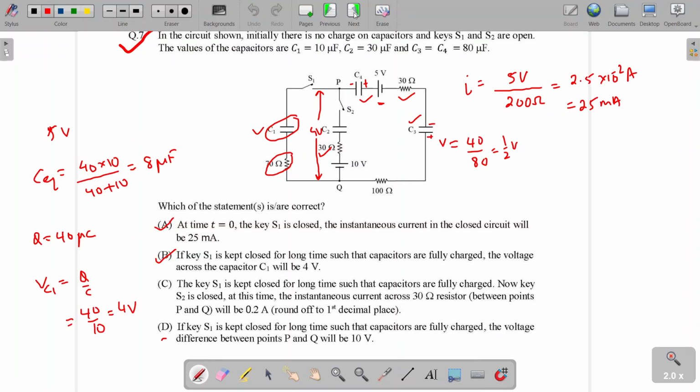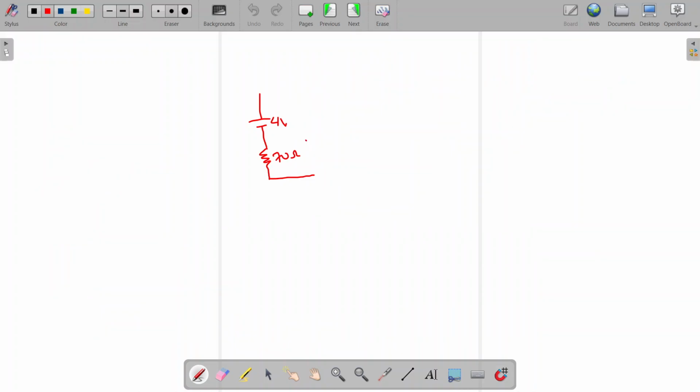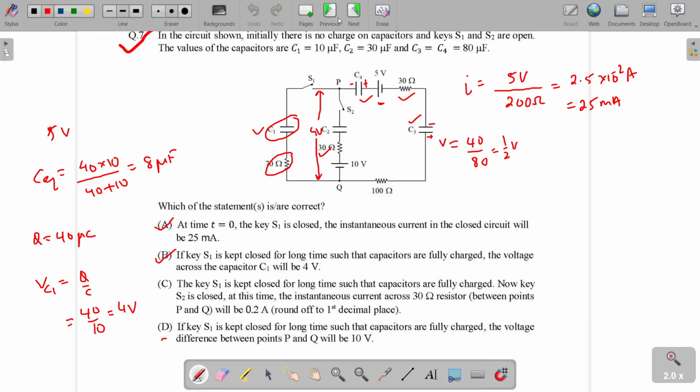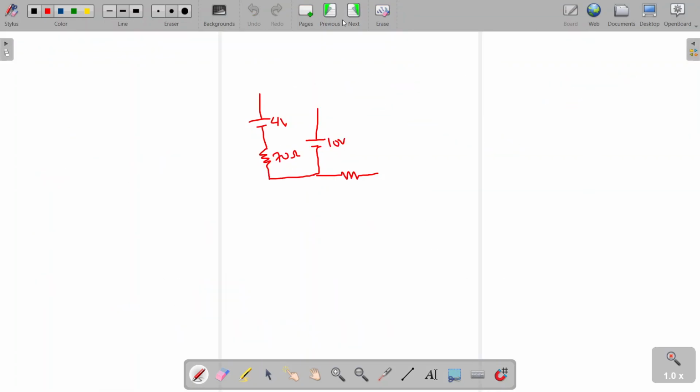We have another battery of 10 volts which is shorted through a capacitor.